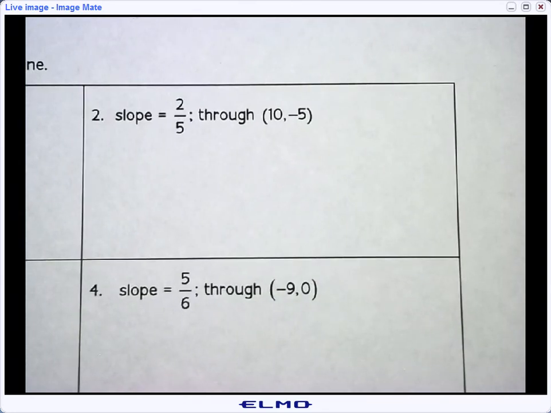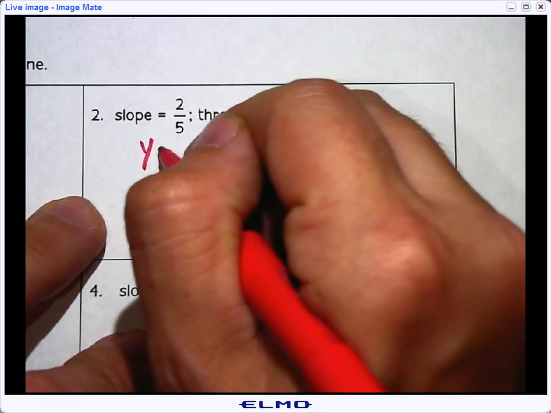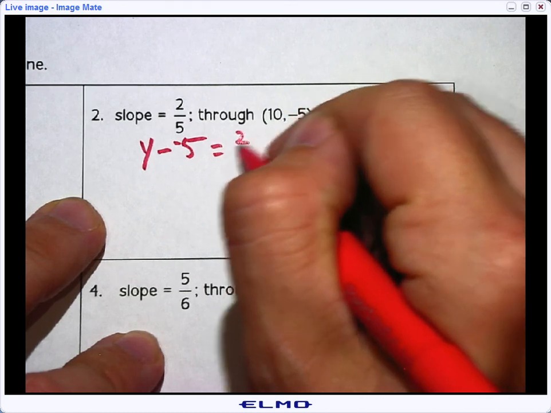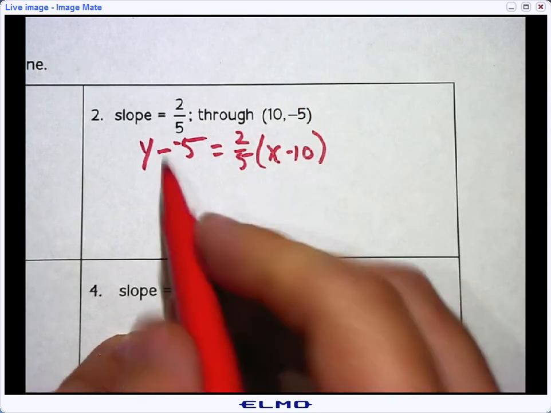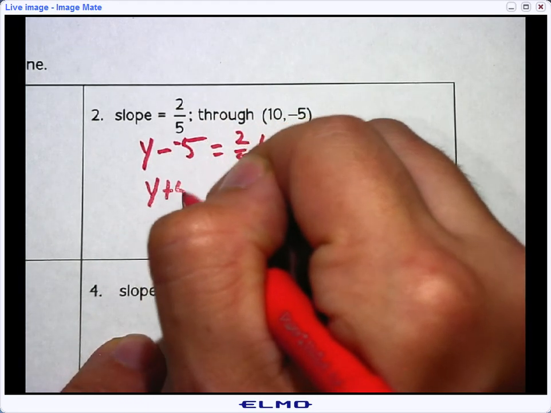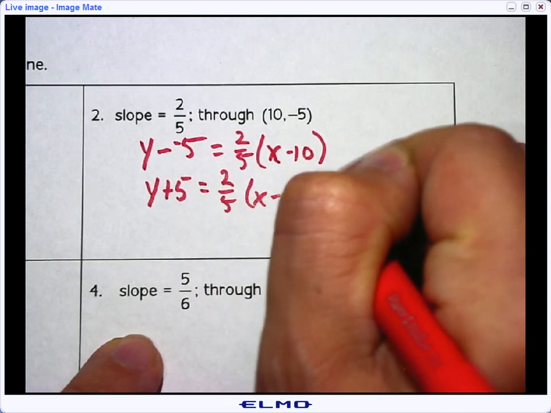Second problem, same thing. They give me a slope and they give me a point. So y minus negative 5 equals 2/5 times x minus 10. Now, these two negatives here are going to become a positive. So really, this becomes y plus 5 equals 2/5 times x minus 10.